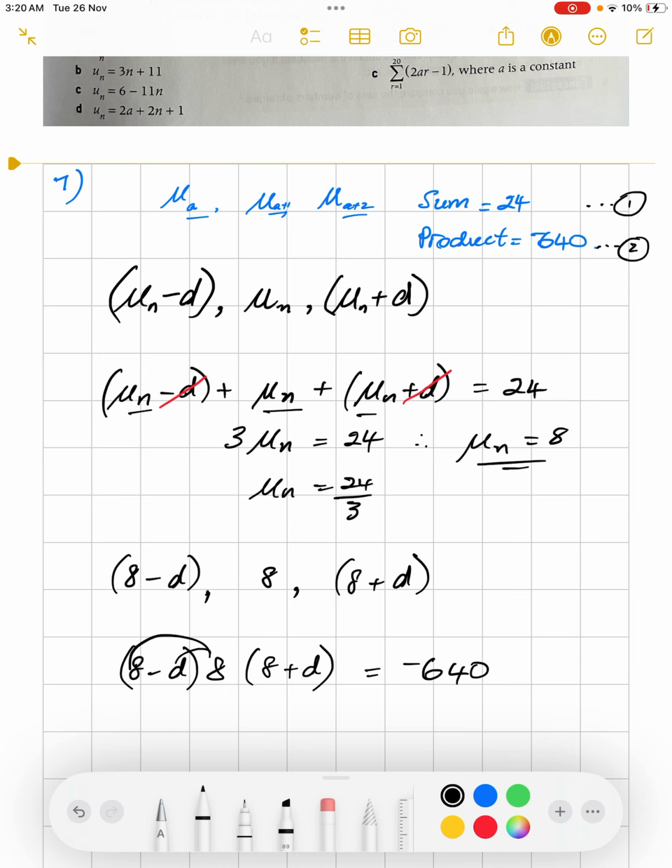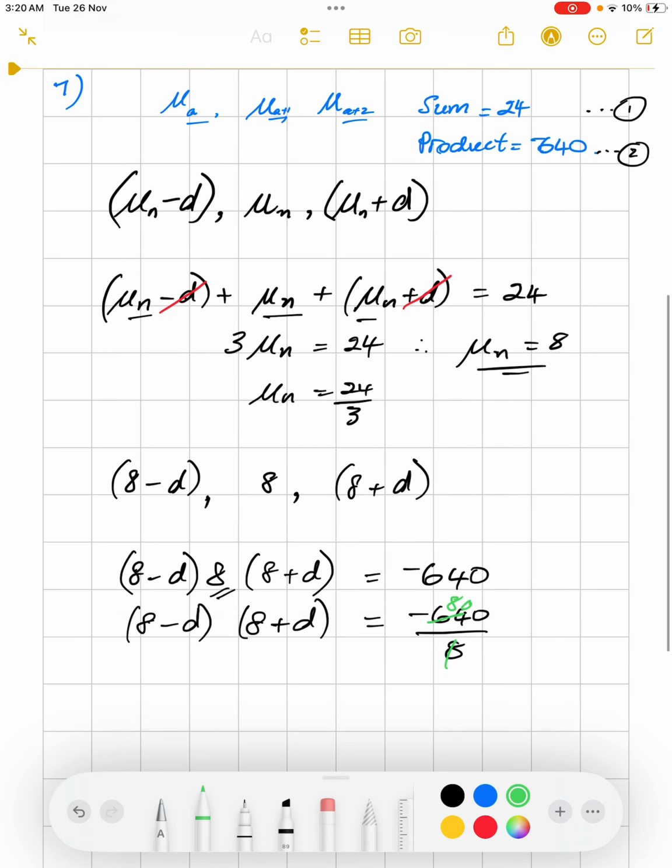Let's just do something a little bit tricky here. Take that 8 across to be divided. So 8 minus d times 8 plus d. You see, if you take that across, just because we noticed it, not because it's a strategy, we could take that across to be negative 80.